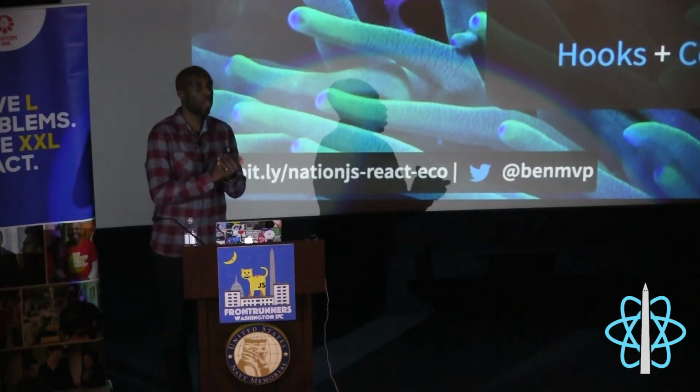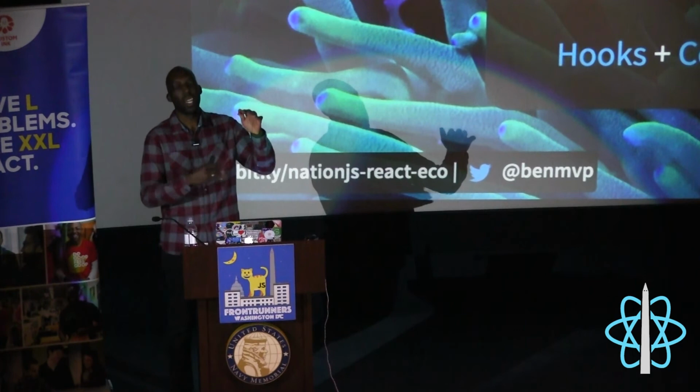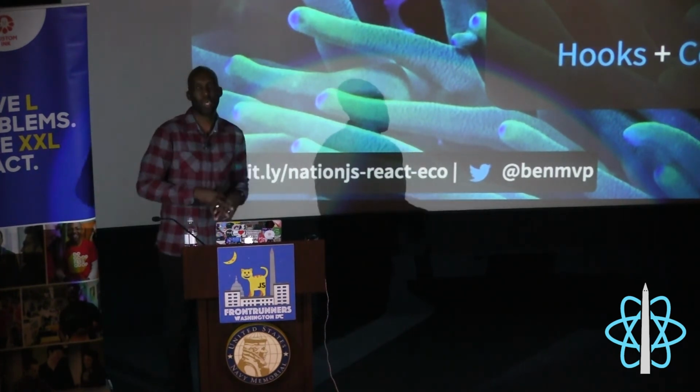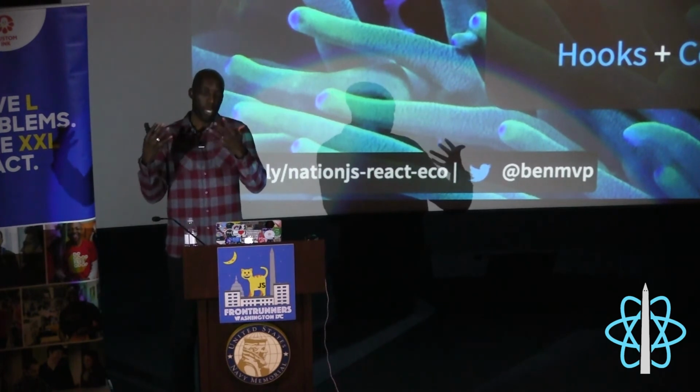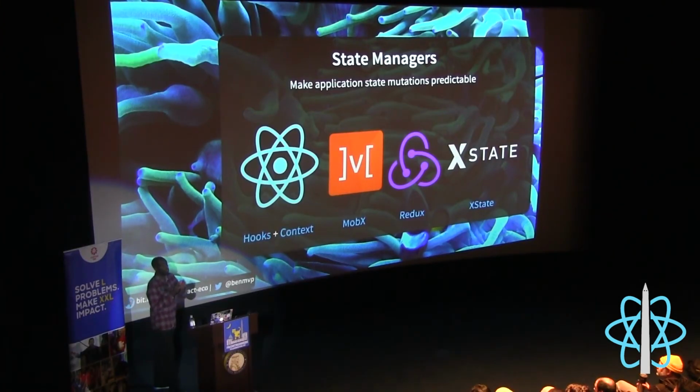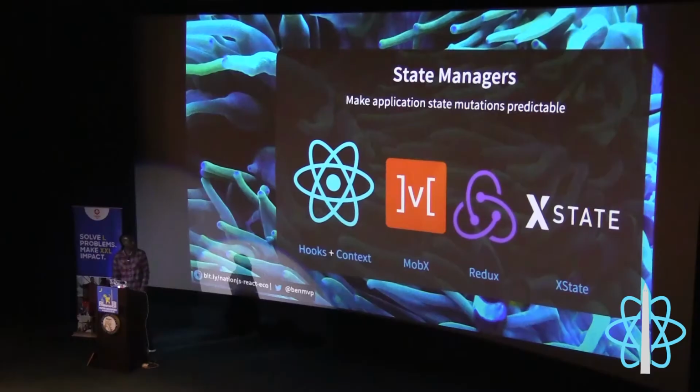Whereas MobX, on the other hand, has your state, and then you make mutations to it just like you normally would. So you would push on it, or you would index into something and change the value. And it uses observables in order to understand that the object has changed, and as a result, it will update the UI that way.